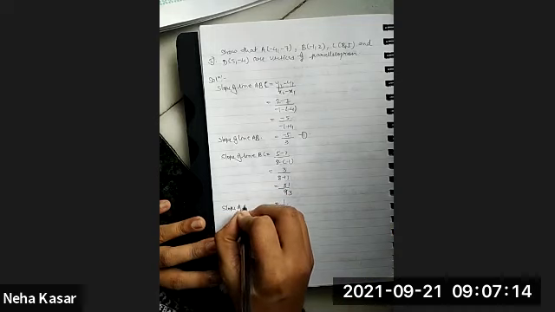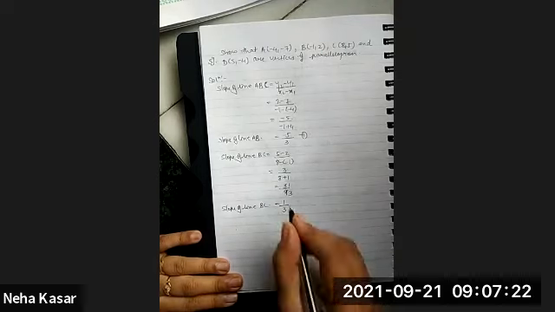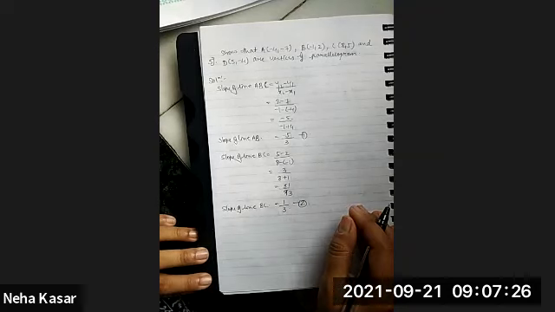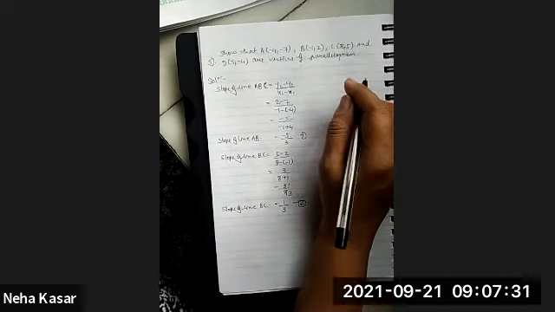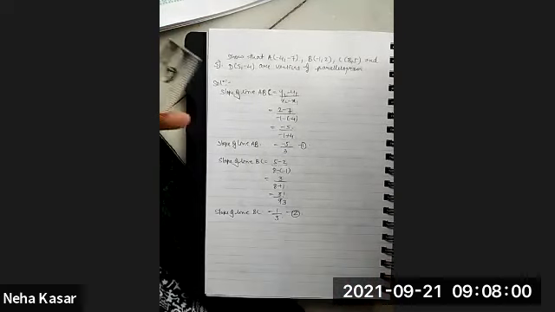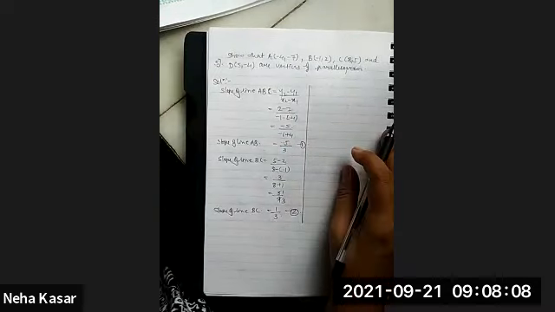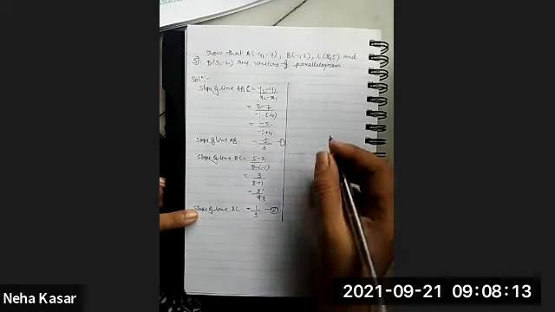So slope of line BC is 1 upon 3. So slope of line BC हो गया.